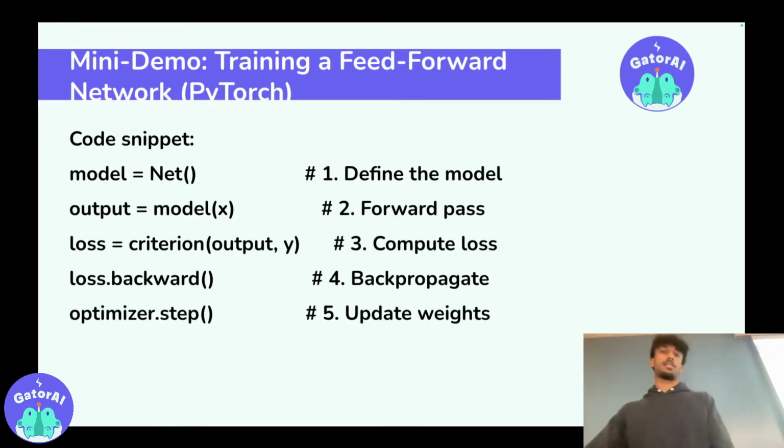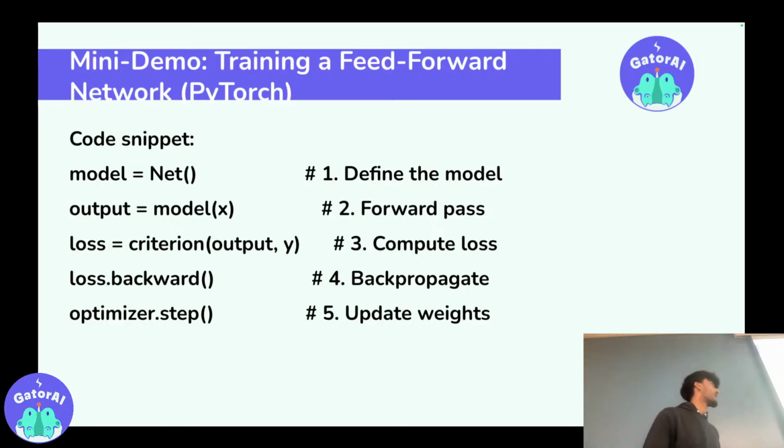All right. We can go through a quick mini demo. This is how all those concepts come together in code. Have any of you worked with PyTorch or anything like that before? Yeah. So this is what a very small code snippet would look like. These 5 lines summarize everything we've learned today: define, forward, loss, backward, update. First, you define the model.